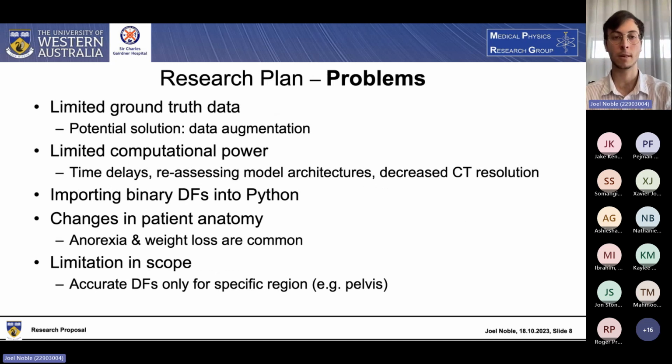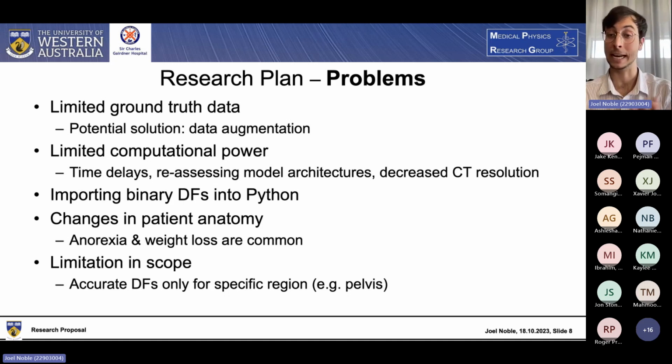Now, some potential problems that could come out of this. It's a ubiquitous problem for deep learning, as I alluded to earlier, having access to a sufficient amount of ground truth data. In addition, limitations in computational power, or just the pure amount of compute required to train these advanced models, could result in some time delays, which could even urge a reassessing of the model architectures.